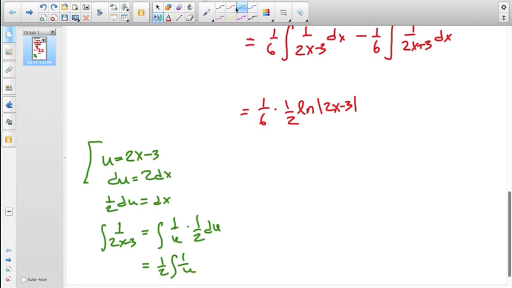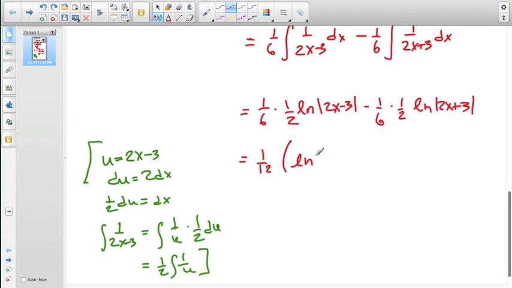but we still have the 1/6 out there. And likewise, over here, we know then we're going to end up with natural log 2x plus 3. And if we go through the same type of u sub here, we would still end up again with a 1/2 out here. And so this ends up being 1/12. Then I'm going to factor out the 1/12.